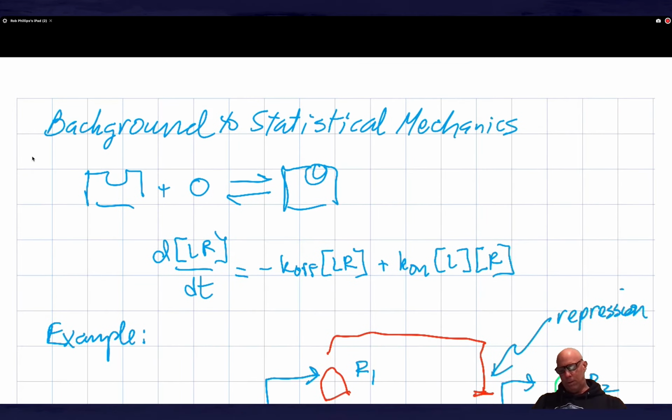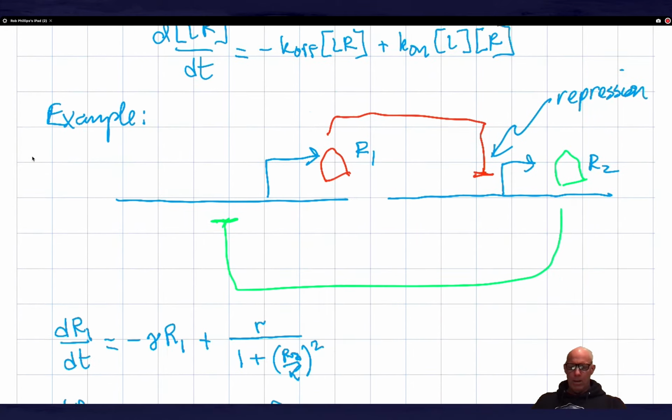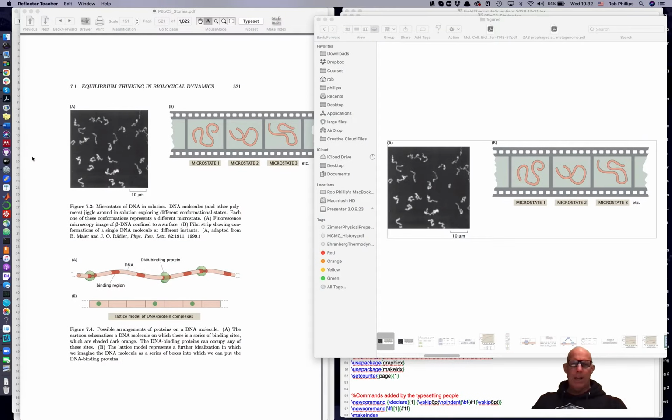So that's what the aside is about. The aside being a couple of vignettes here in the middle of our dynamics section, but these vignettes are going to focus on statistical mechanics.